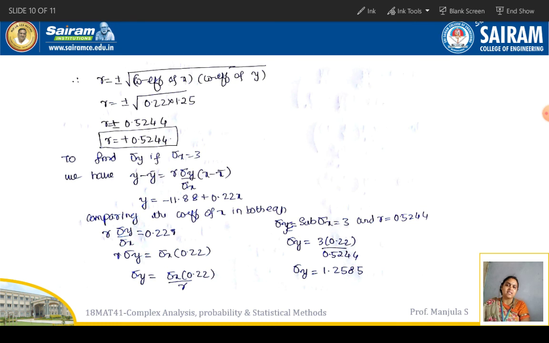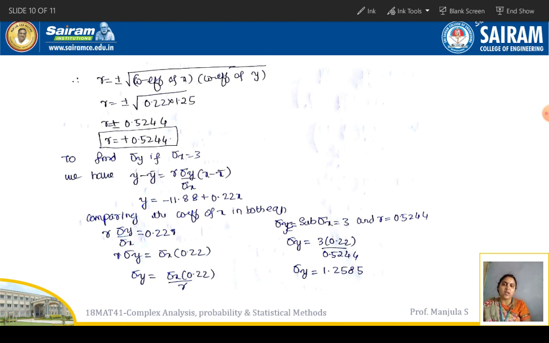Here I considered the regression line y on x. That formula is: y minus y bar equals r sigma y divided by sigma x, into x minus x bar. And y equals minus 11.88 plus 0.22x is the regression of y on x. In the previous slide we already wrote this equation.